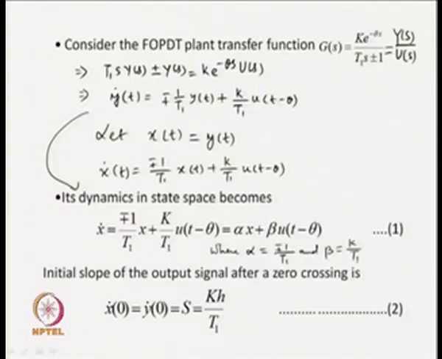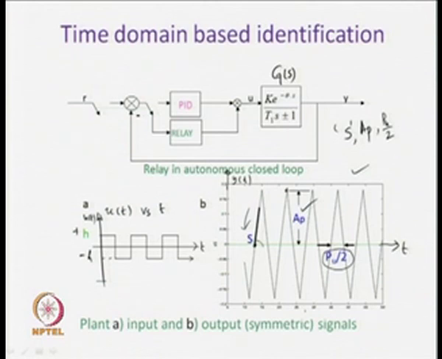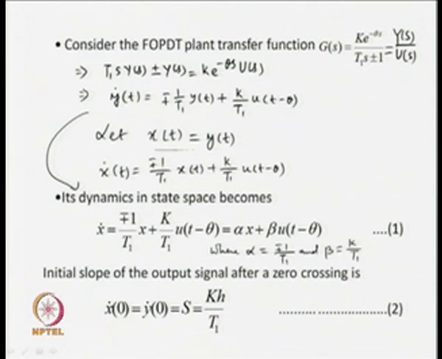Now, the initial slope of the output signal after a zero crossing, which is nothing but this one at the zero crossing. If we take the time t equal to 0 from this instant onwards, then the output at that instant will be y(0), whereas the first derivative of the output at that instant will be y dot (0), and we know that y(t) is equal to x(t).